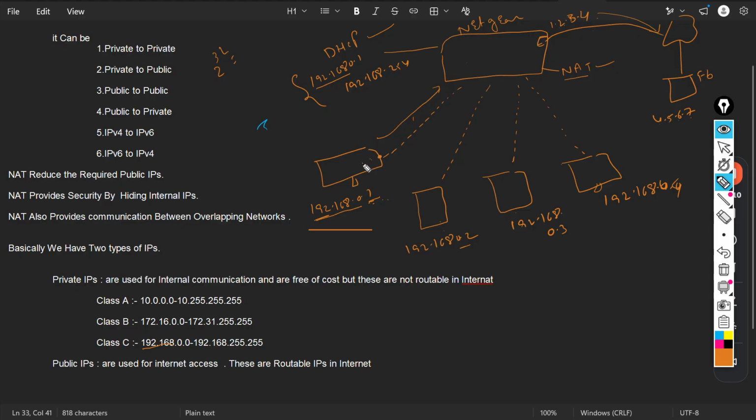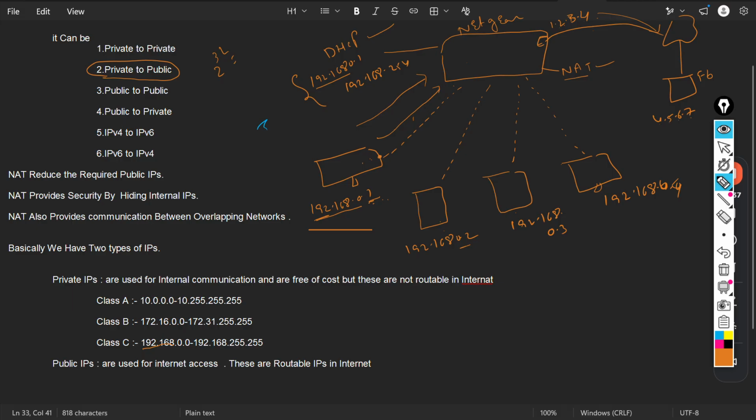These systems send requests up to Wi-Fi router with the private IP only. But Wi-Fi router replaces that private IP with the public IP. This is private IP to public IP translation. Public to private IP also is there. We will discuss that later.